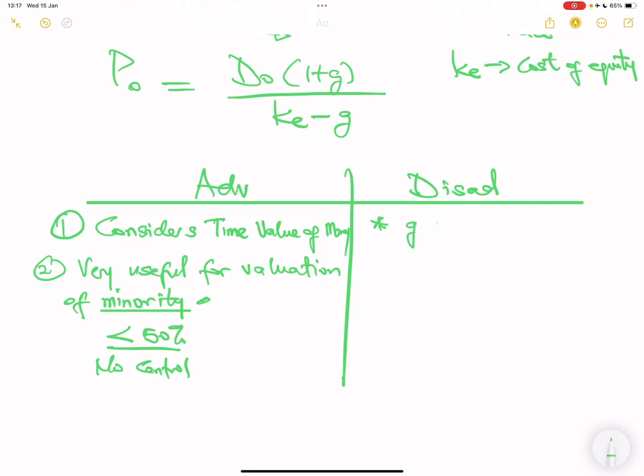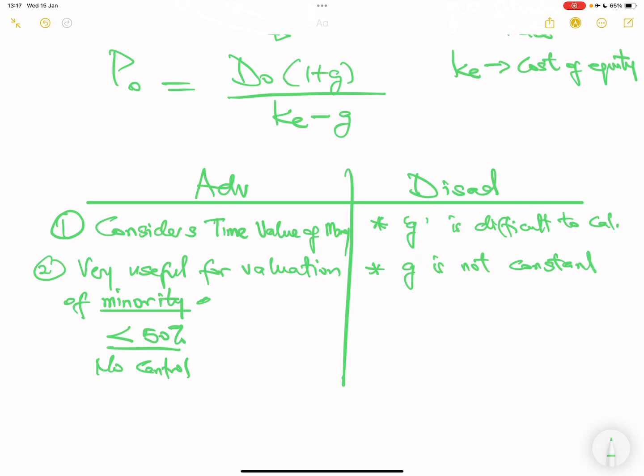Very good. But it has its disadvantage, as you can see. G is always difficult to calculate. Because how do you calculate the constant dividend growth rate for the foreseeable future? It's very difficult. So this is very difficult to calculate for sure. Yeah, and in reality, G is not constant. Though this formula assumes that it's constant, but it's not possible.